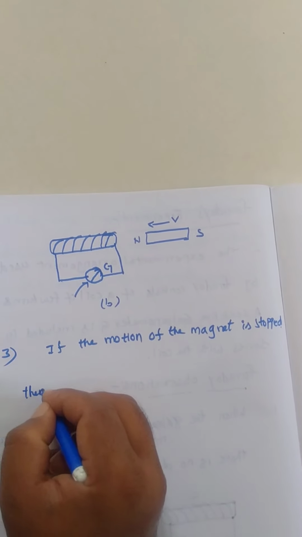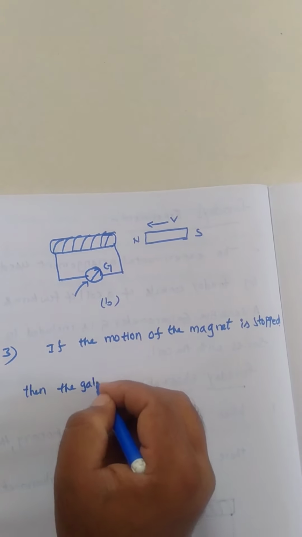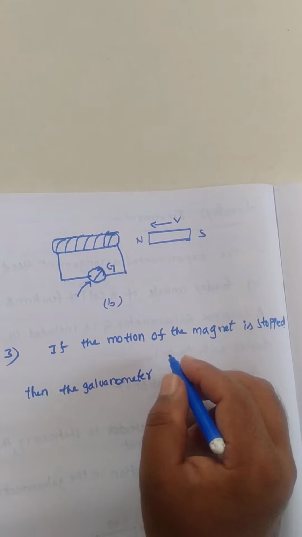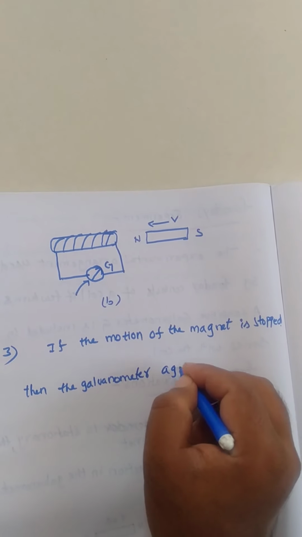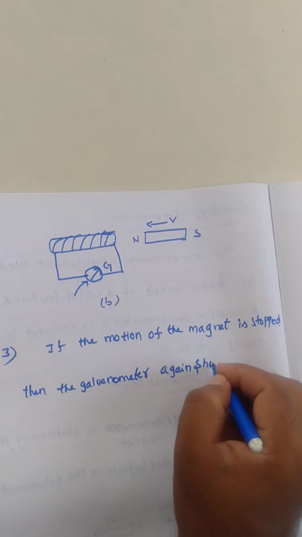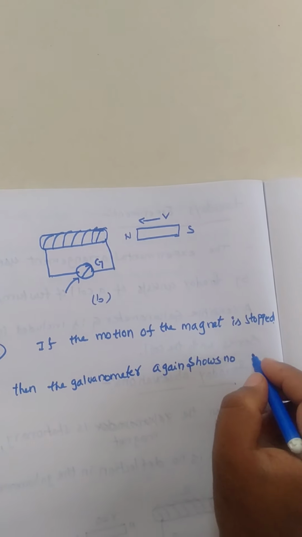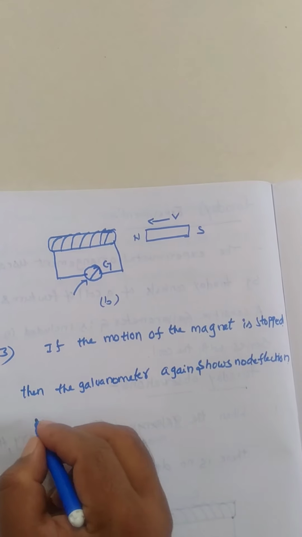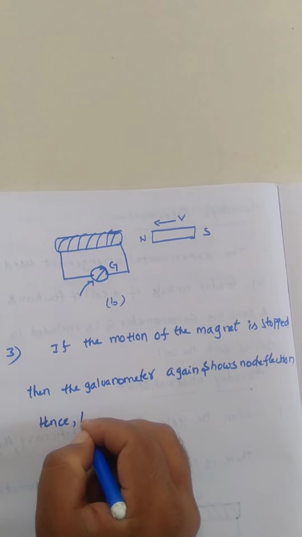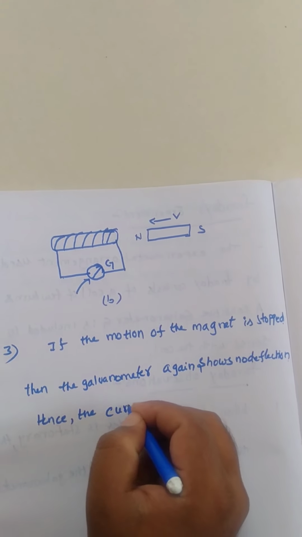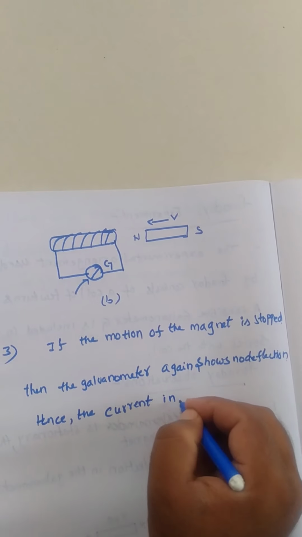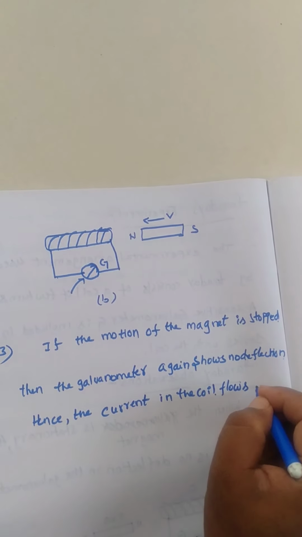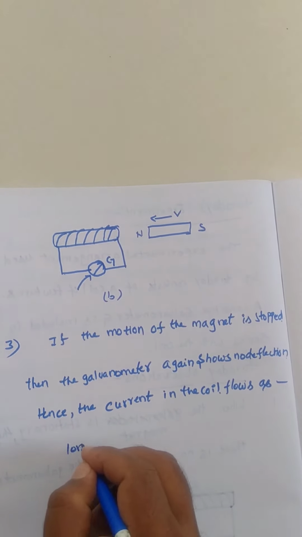The galvanometer again shows no deflection, hence the current in the coil flows only as long as the magnet is moving.